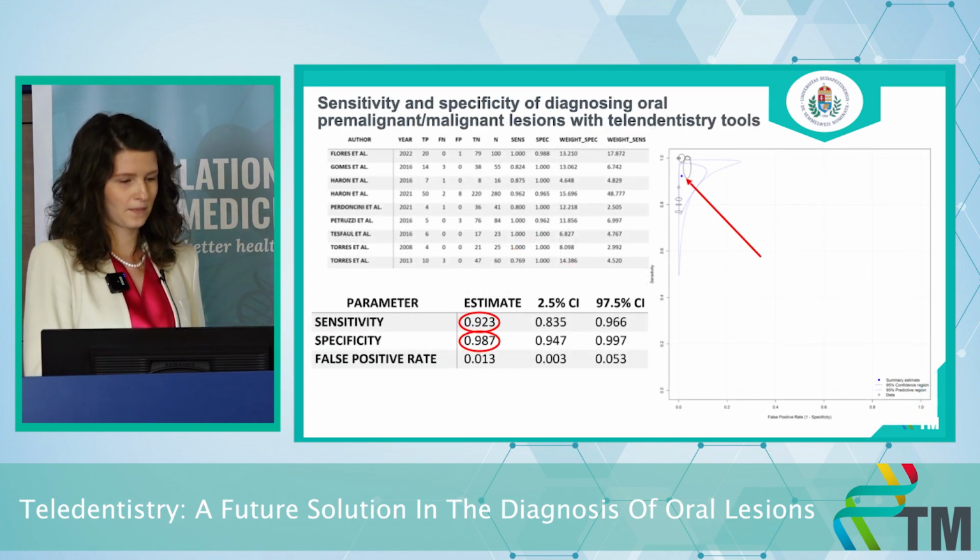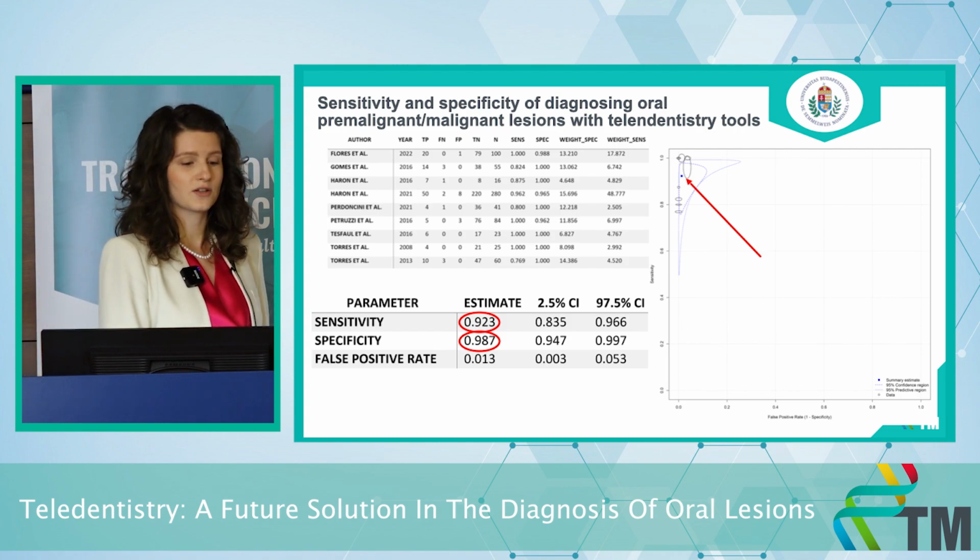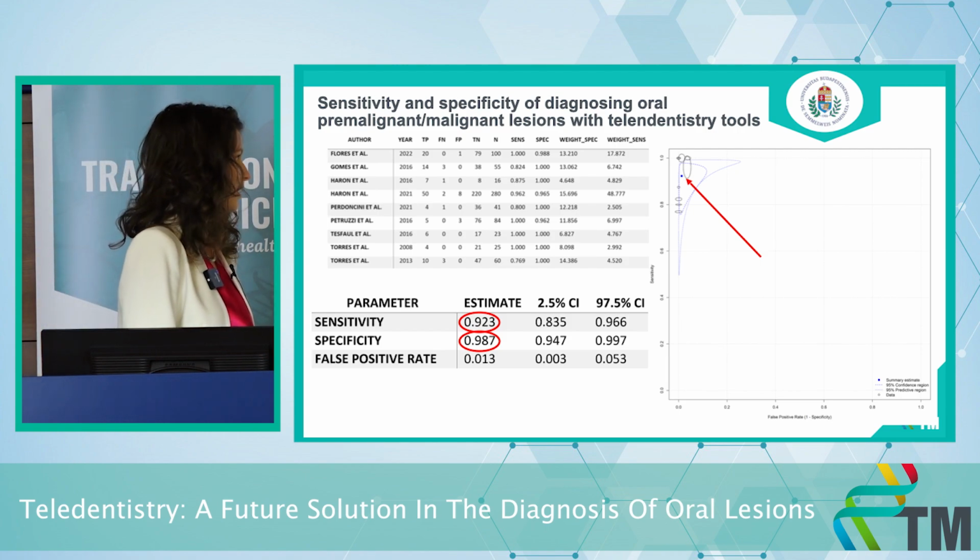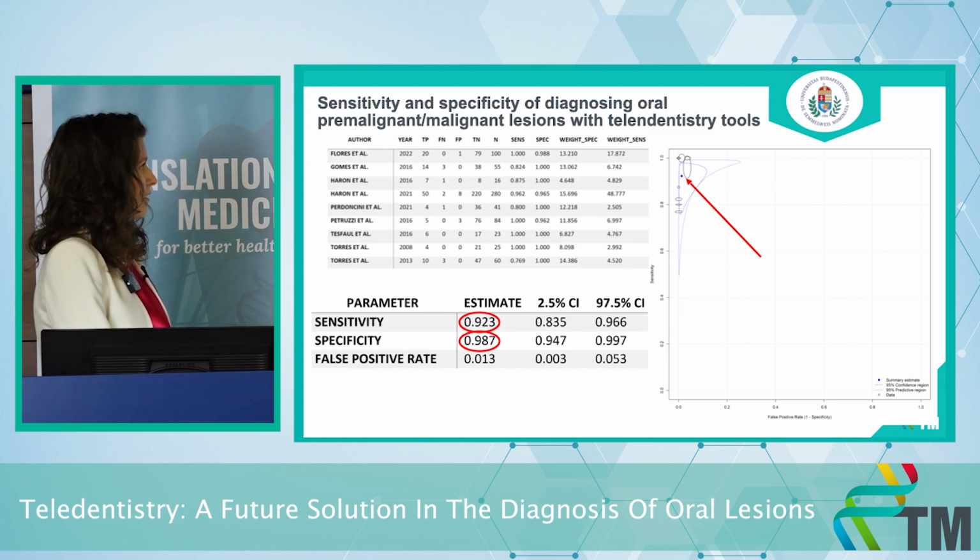As our main outcome, we investigated the diagnosis of premalignant or malignant lesions in the oral cavity, and we could make a two-dimensional analysis, and our pooled estimated sensitivity and specificity is shown here with a relatively small confidence interval.